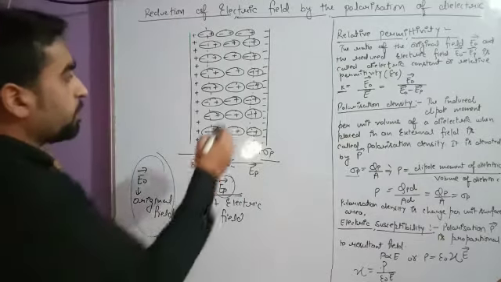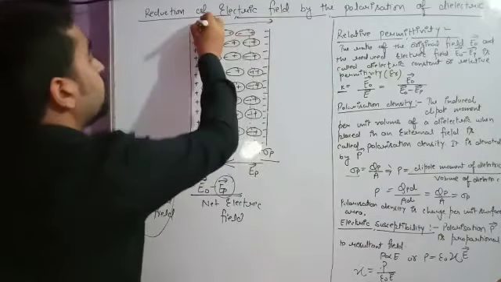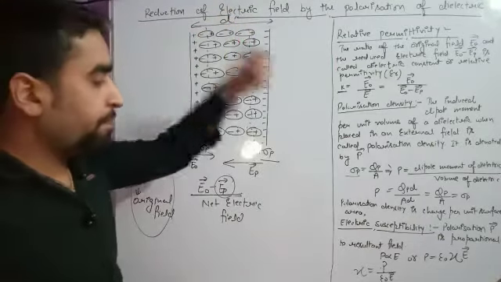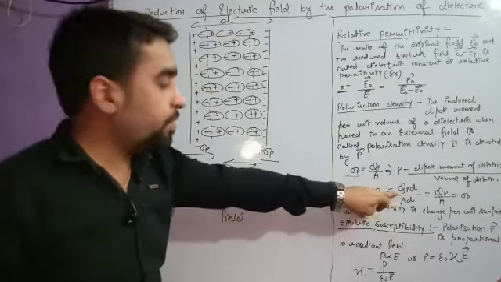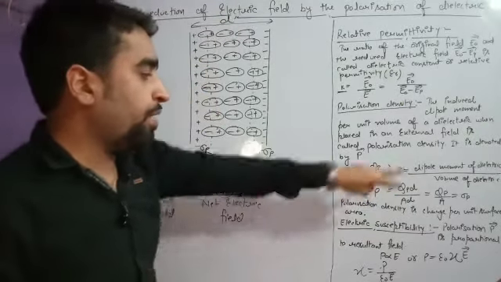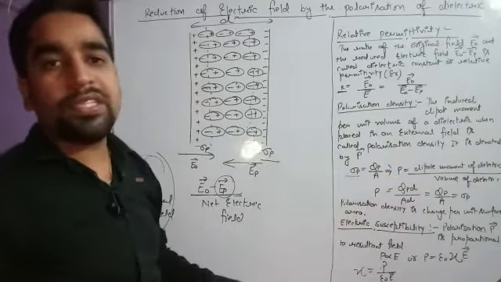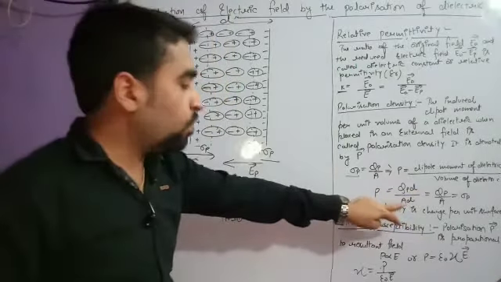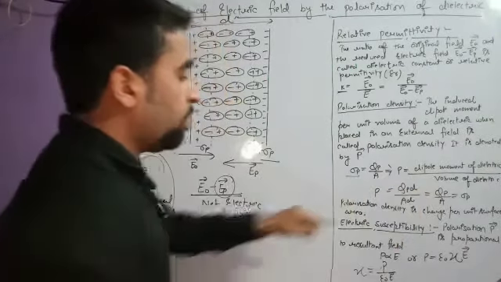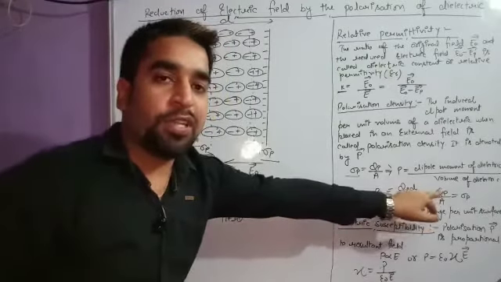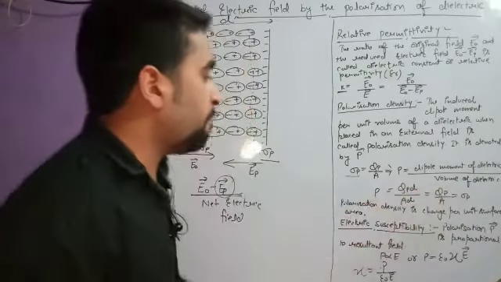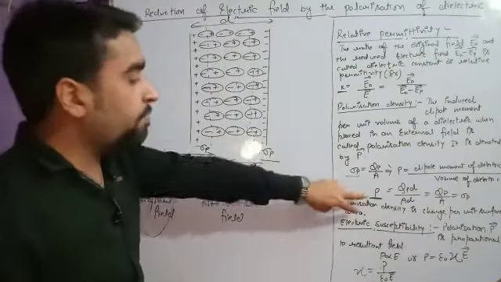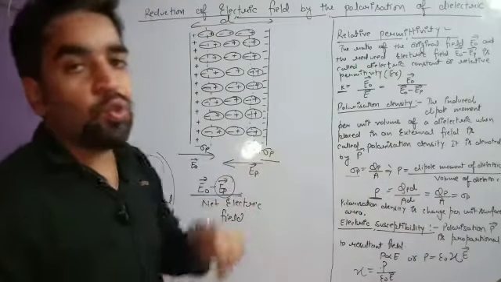We consider the distance between the charges as D, as in the capacitor where thickness is considered to be D. So charge is QP and distance between the charges is D. This is the dipole moment in the numerator, and in the denominator we consider the volume, which is area into length, so A into D. D and D get cancelled out, leaving QP upon A. We already know charge per unit area is charge density, so sigma P. So numerically the value of polarization density is equal to charge density.